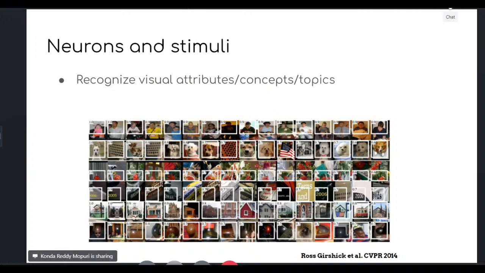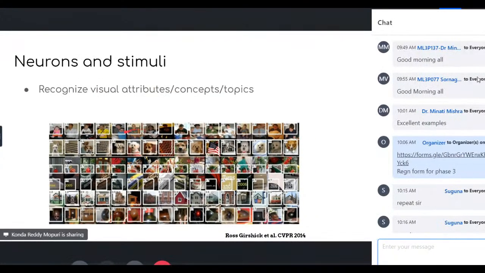For vision, there is a different region, and for smelling, there is a different region in the brain. Similarly, in this neural network, for identifying human objects, there is one neuron. Similarly, for dog objects, there is one neuron. For house objects, there is one neuron.